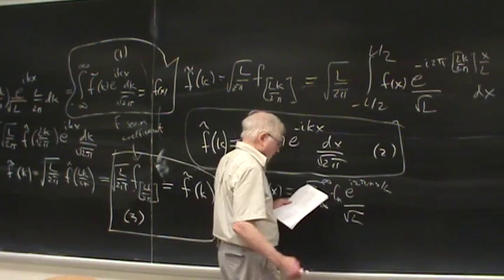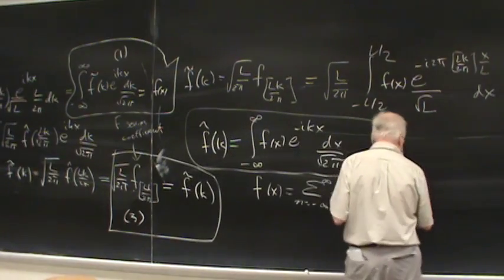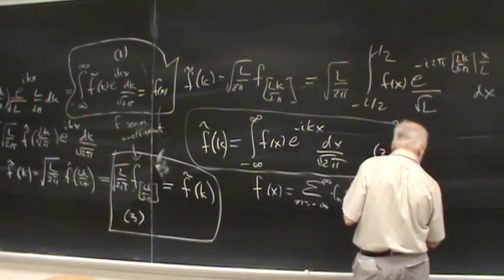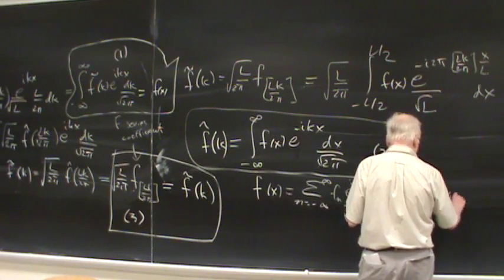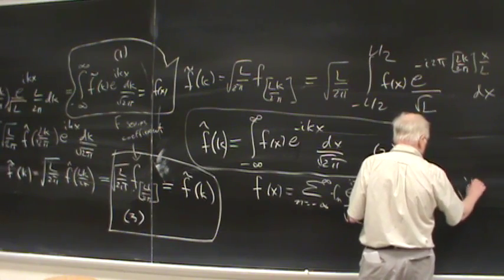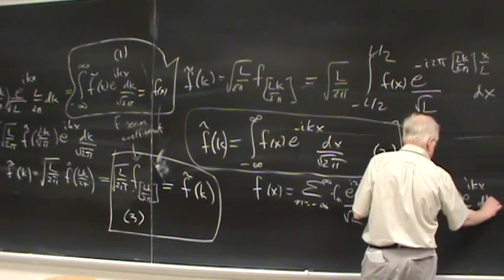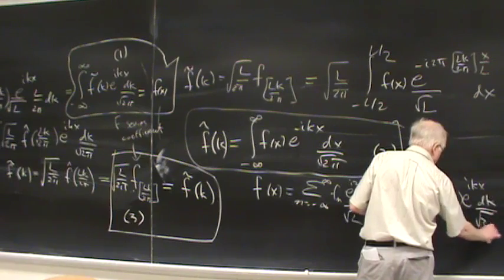And if we want to write that as a Fourier transform, we do this. We say f tilde of k e to the i kx dk over root 2 pi.